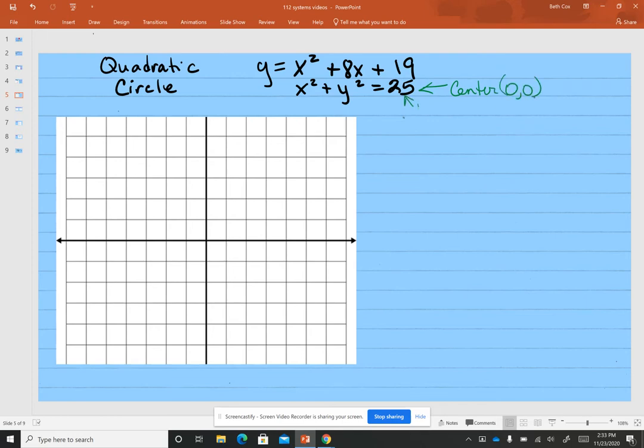And then our radius of our circle is the square root of 25, which is 5. So my circle is centered at 0, 0, and then I go 5 to the right, 5 to the left, 5 up, and 5 down.